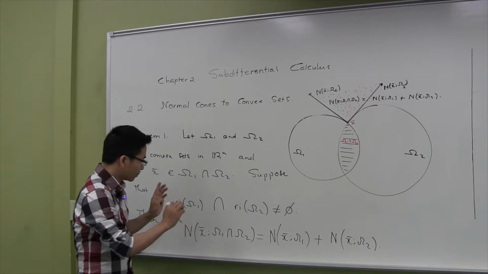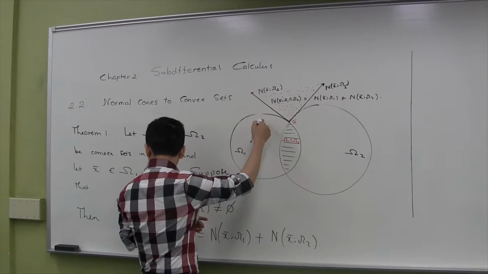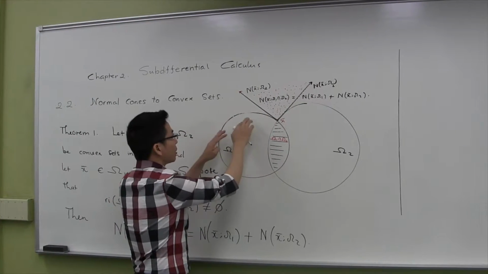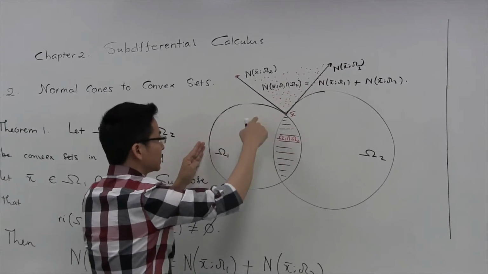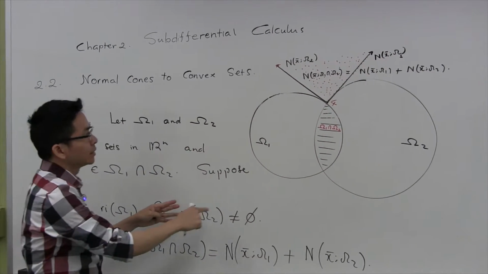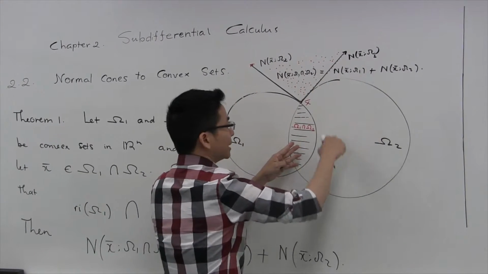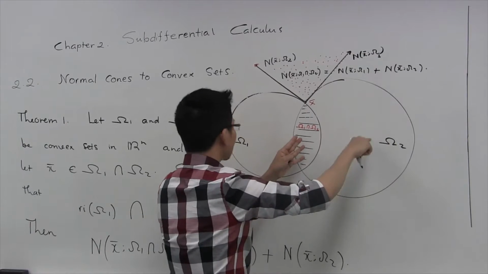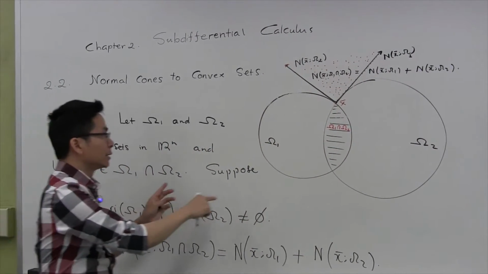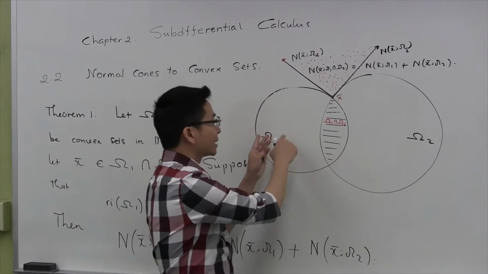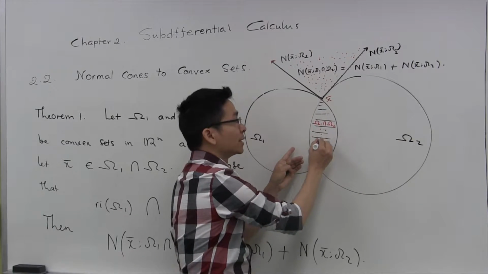Okay, now observe that in this example, here the interior of omega 1 contains all points inside of the set omega 1 here, without this boundary, and the interior of omega 2 contains all points inside of this circle without the boundary. Then obviously the intersection of the relative interior of omega 1 and the relative interior of omega 2 is non-empty.